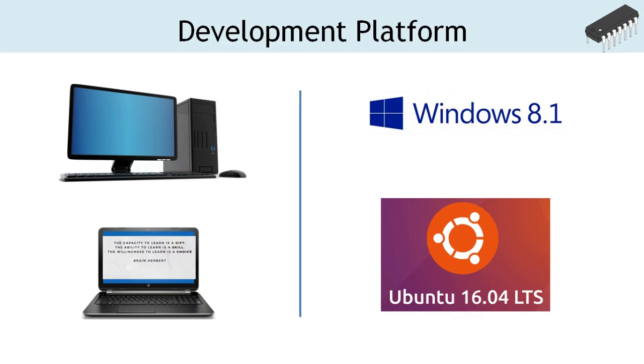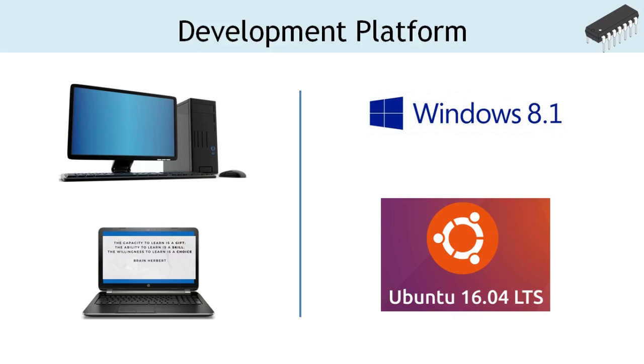For development purposes, you can use a desktop or a laptop running either Windows or Linux operating system. I would recommend using a PC with decent hardware configuration, and it must have a free USB port. I shall explain the setup of the development environment for both operating systems. For Windows, I shall use the 8.1 Pro version. However, you are free to use any other version of Windows.